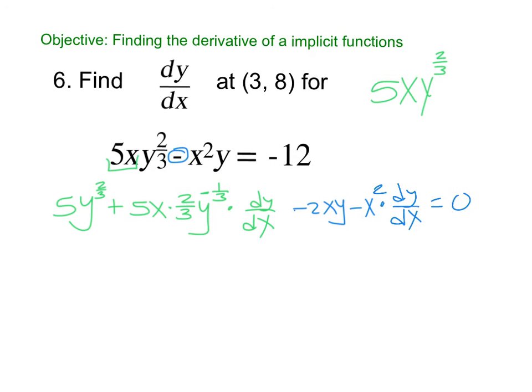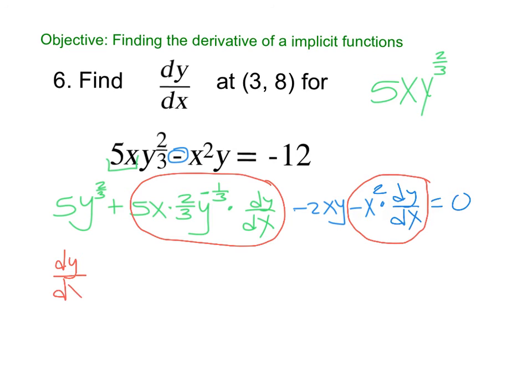All right, so now let's find our dy dx's. So this is one big term, and this is one term. So I'm left with dy dx times, okay, so I'm going to rewrite this.